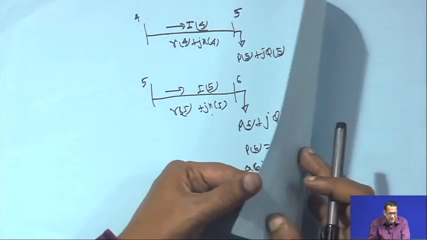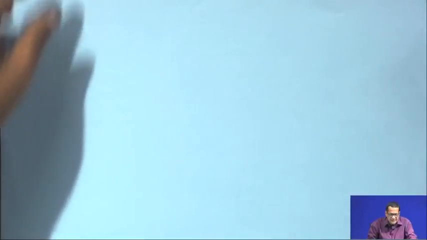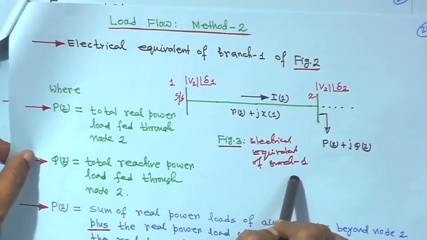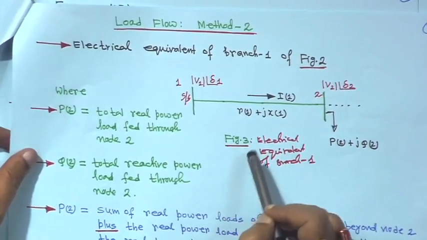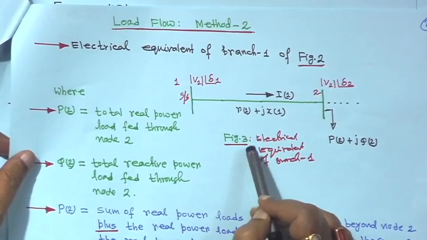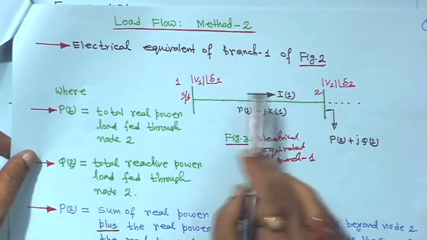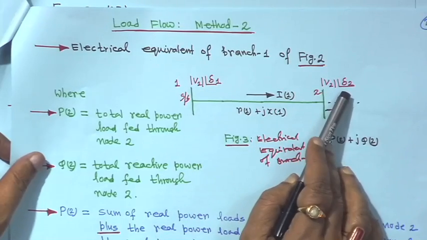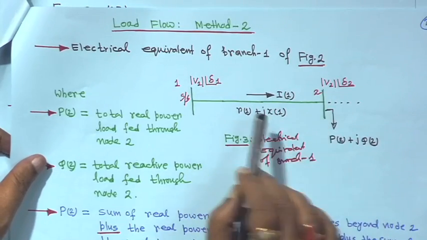I hope this concept is understandable to you, because here the concept is more important. Mathematics is simple, but the concept is more important. So, now you come to this figure, the electrical equivalent of branch 1, because we have to find a mathematical relationship between voltage V2 and V1, because our objective is to eliminate the angle delta from the mathematical expression.